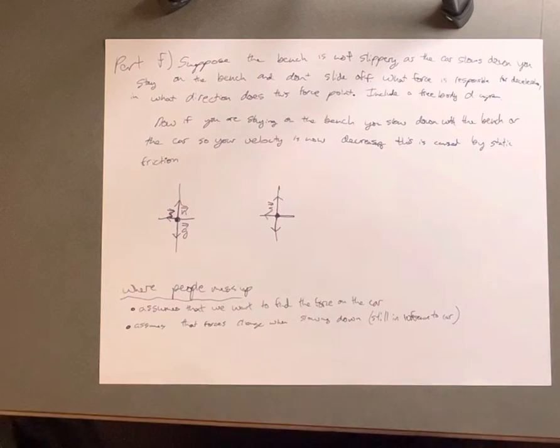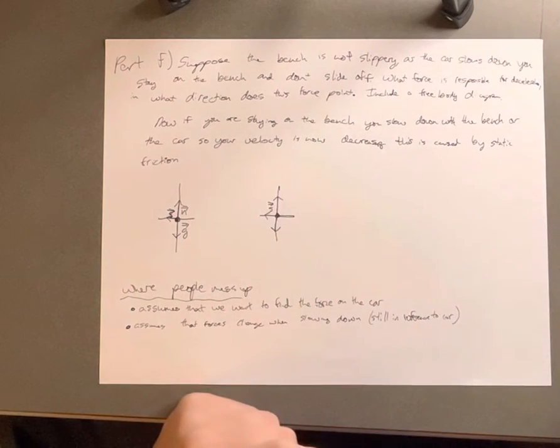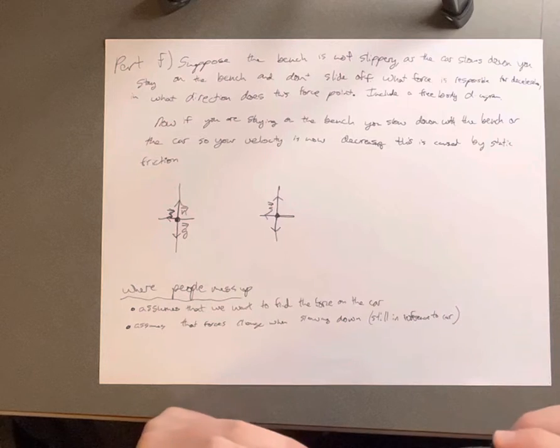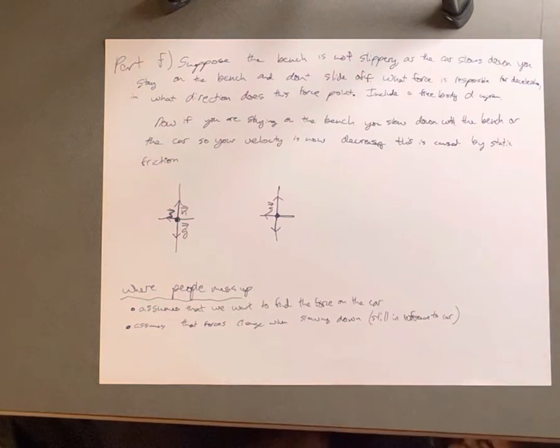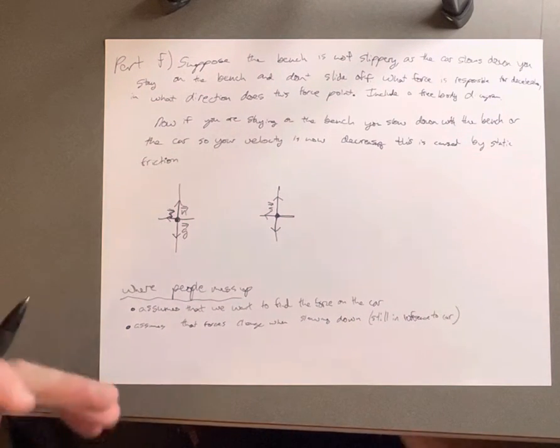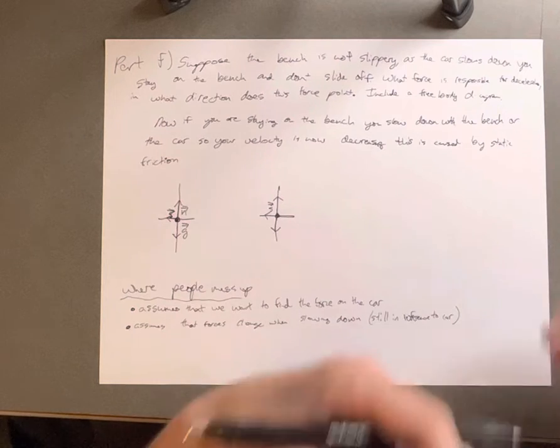Part F, suppose the bench is not slippery as the car slows down. You stay on the bench and don't slide off. What force is responsible for deceleration, and what direction does the force point? Include a free body diagram. So now we'd assume, like most benches, it's a little rough, there will be friction. So if you're staying on the bench as you slow down, then you're going to have a net force.